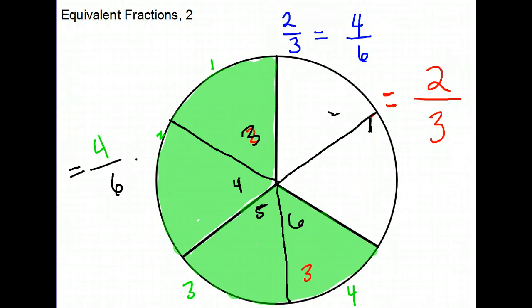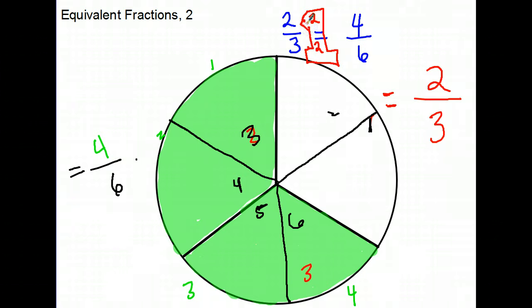Notice that 4 is simply 2 times the number 2, and that 6 is simply the number 3 times the number 2. Now any number over itself is a factor of 1.